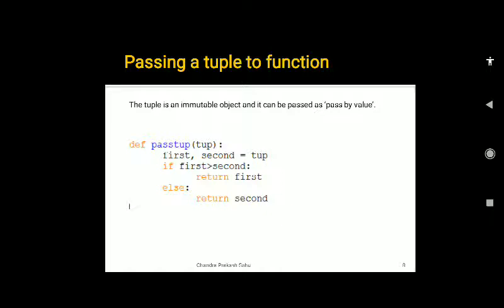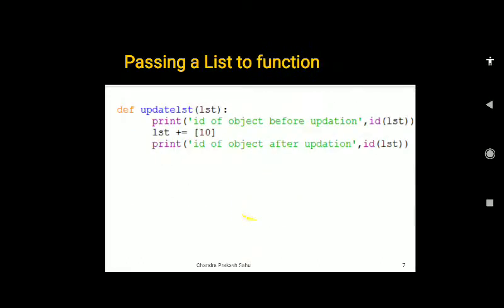That means if the tuple has 2 values, the first value will be assigned to the first variable and the second value will be assigned to the second variable. Then the next line is if first is greater than second, it will return first, and the next line is else it will return second.